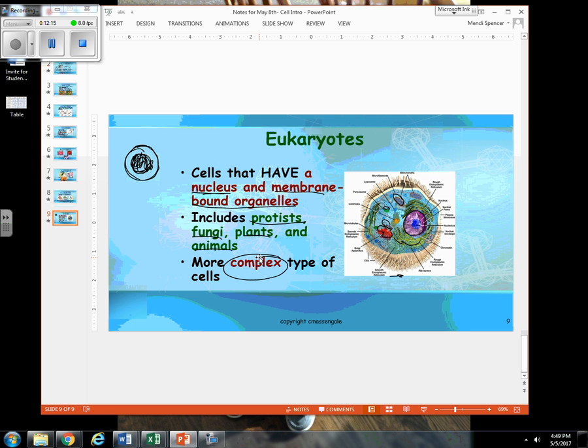So to help you remember what a eukaryotic cell is, I want you to always think of yourselves as you are eukaryotic. You have studied your whole life about animal cells and how inside of your cells you have all these organelles. Yeah, that's a eukaryotic cell. You are eukaryotic. You have organelles inside of the cells of your body.